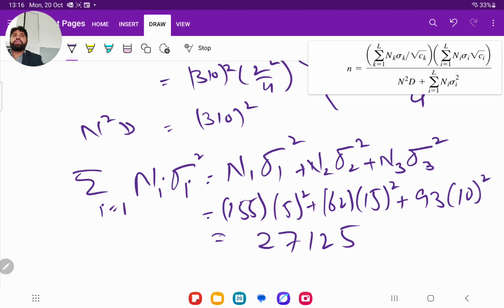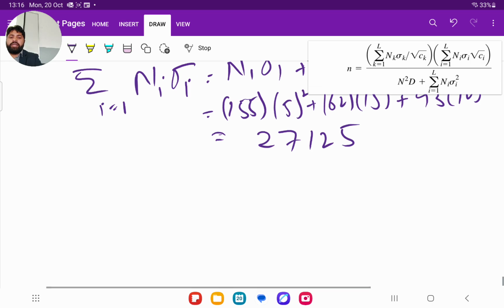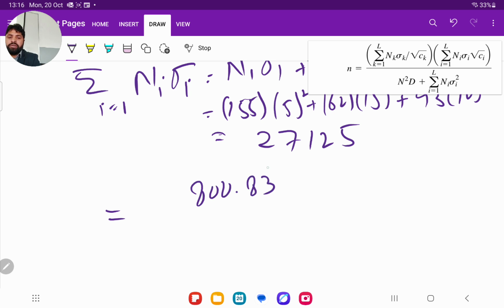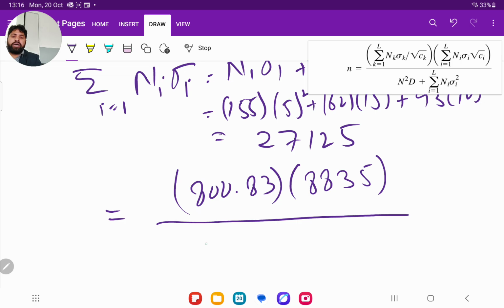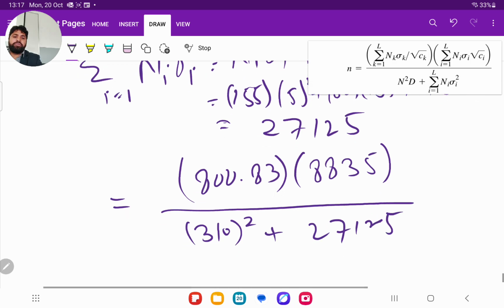We'll just need to put them inside the formula of n. So what is the answer for the first one? It was 800.83 multiplied by 8835, divided by 310 whole square, plus 27125.